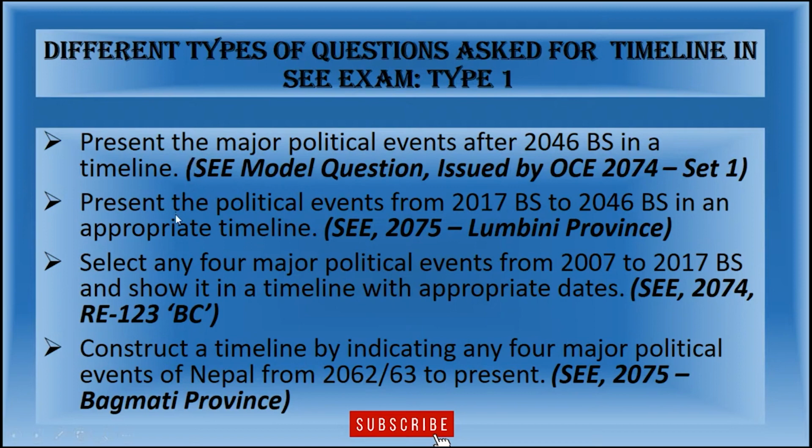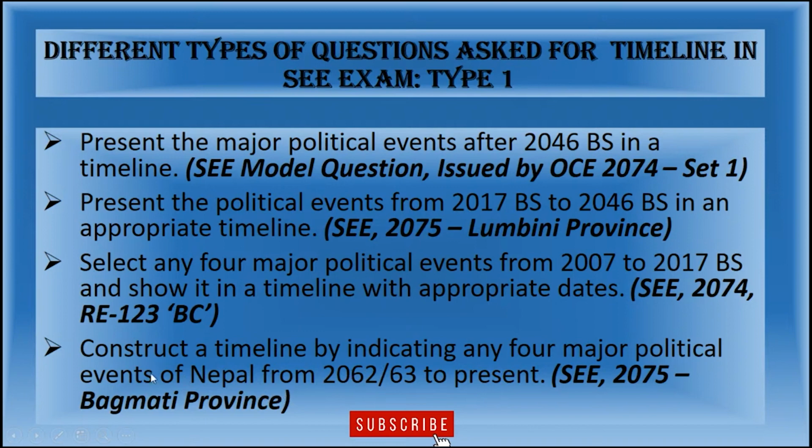But in the first two questions, the question has not specified the full date. So in that case, you can make the timeline using only the year: 2046, 2047, 2048. No need to include the months, or if you want, you can include them. So there is a choice. And look at the third last question: construct a timeline by indicating any four major political events of Nepal from 2062-63 to present.